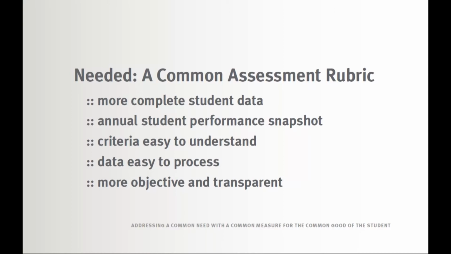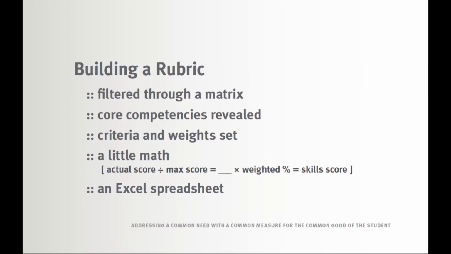We also want to make the data easy to process when it came to the Assessment and Curriculum Committee to compile the data and look across the curriculum where the strengths and the weaknesses of the program or the curriculum might be. Overall, what we wanted was simply a more objective and transparent assessment rubric.